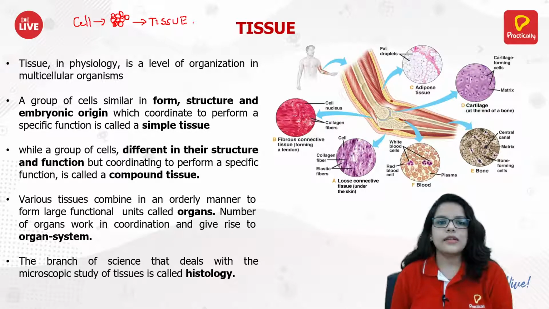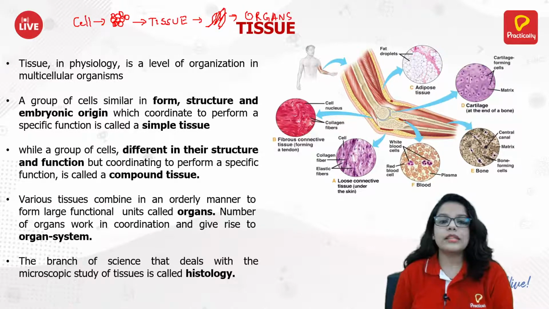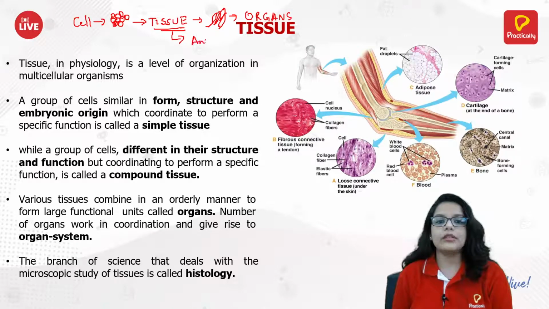So cells together form tissues. Now tissues together, pardon my drawing, form organs. So this is where we are discussing the tissue. And just remember, animal tissues are diverse in nature.